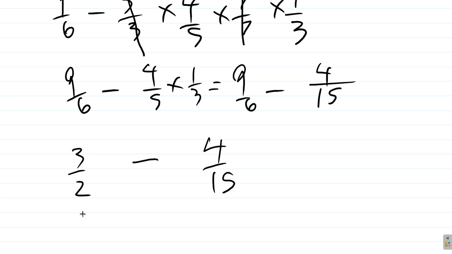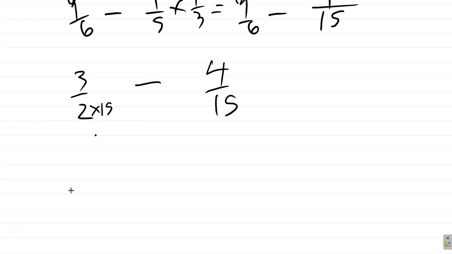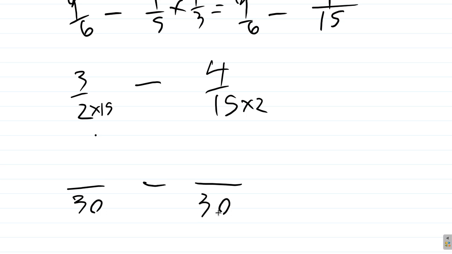Minus 4/15. So, common denominators again. Suppose you multiply this 2 by 15, you're going to get something over 30 minus, and you multiply this 15 by 2, you get another thing over 30. So you have common denominators, right?